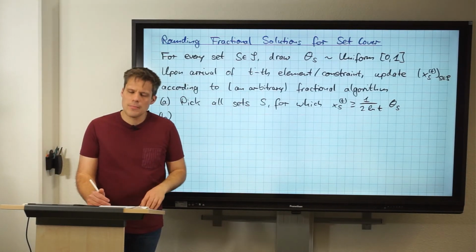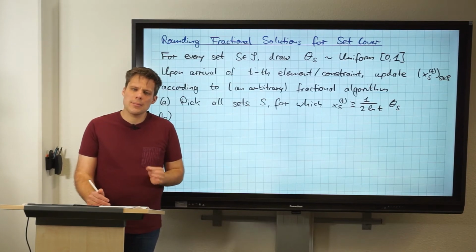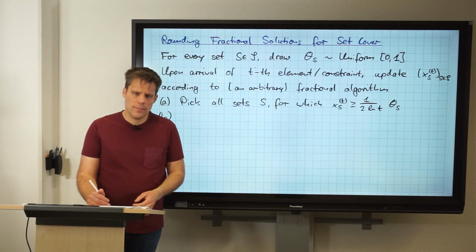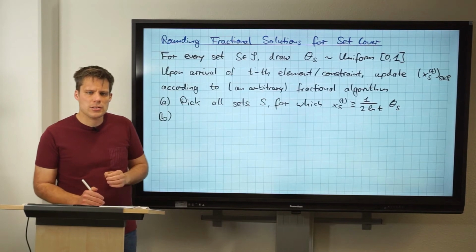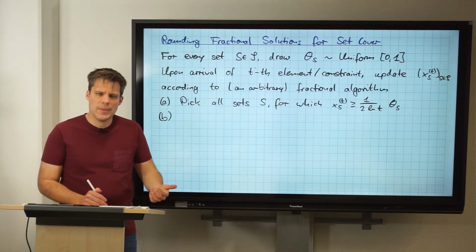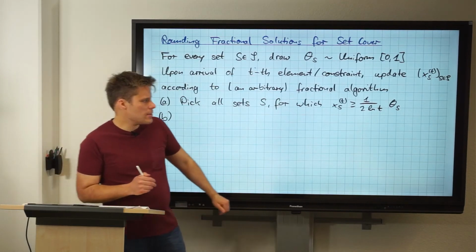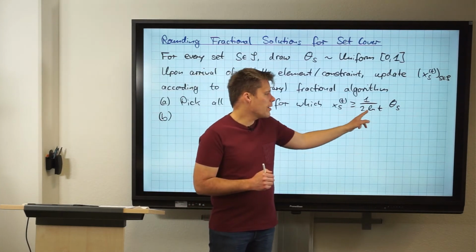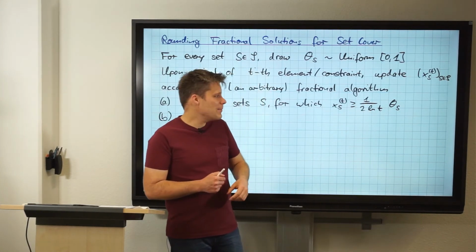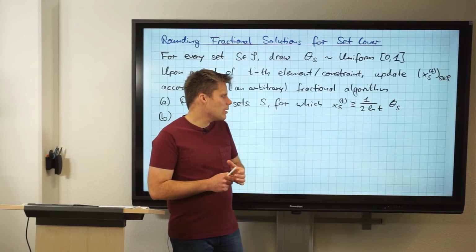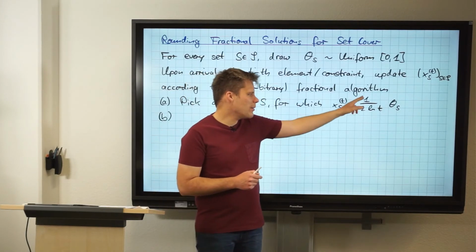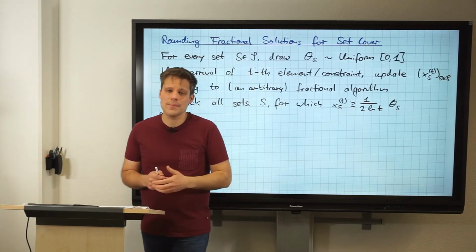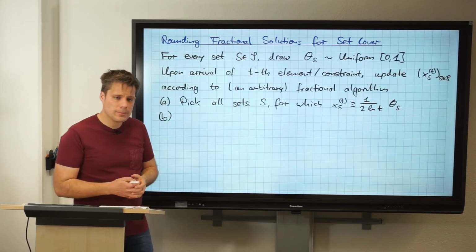But it might still be that our element, the element that has just arrived, is not covered. For example, in the first step, this will not happen because we have 1 over 0 here, so infinity.